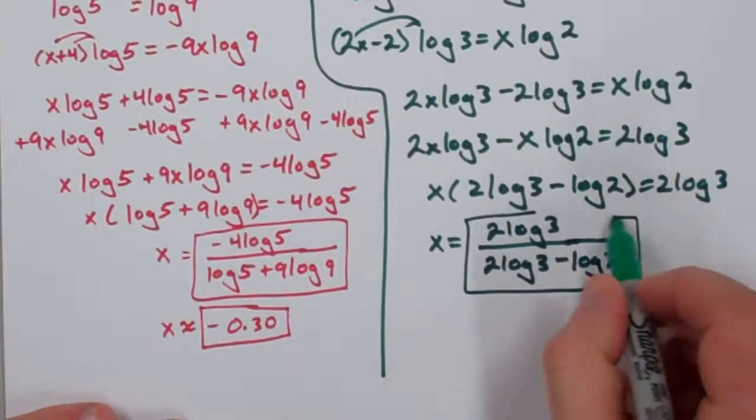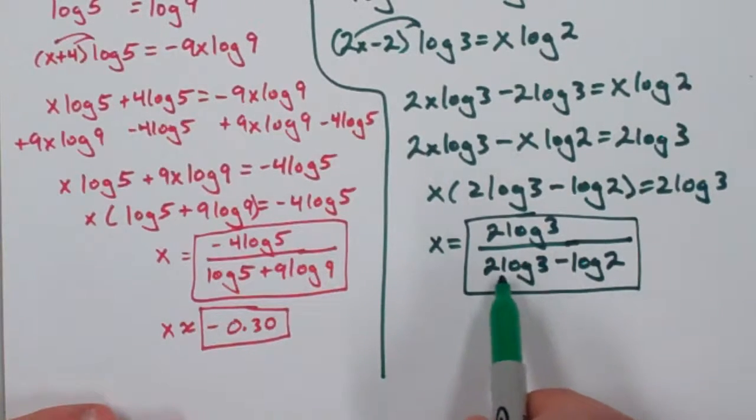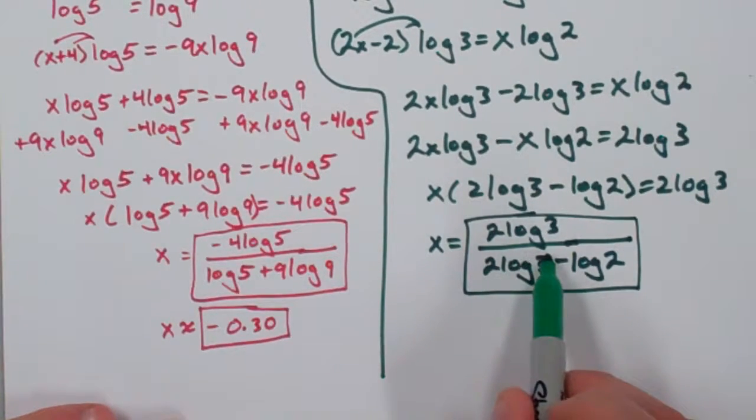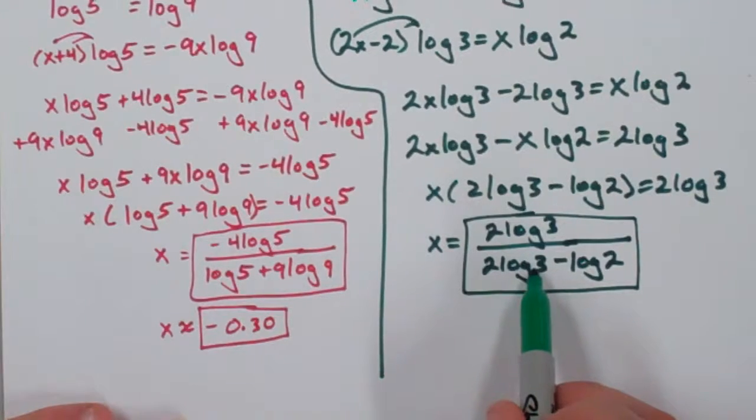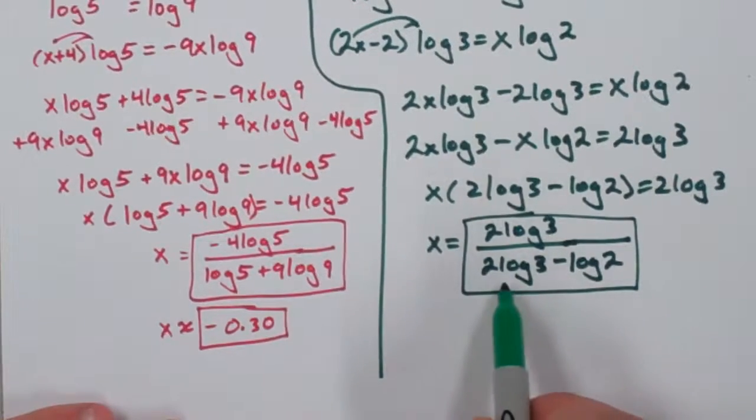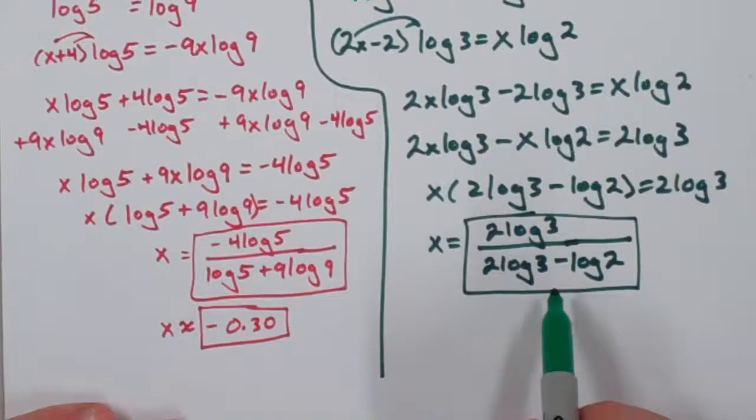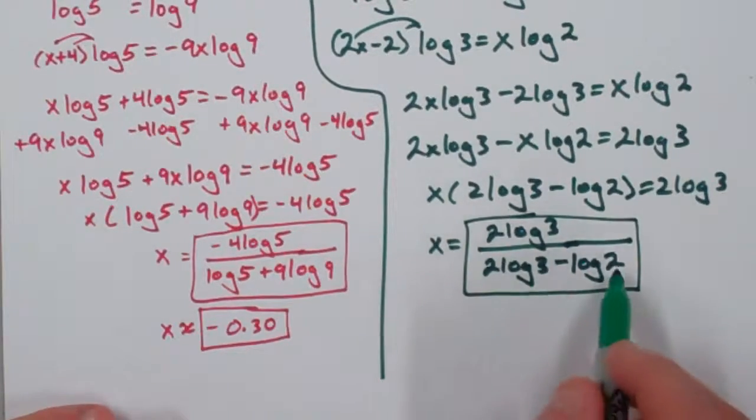Here's our exact answer. Again, we could play with this a little bit. We could take this 2 and raise the 3 to the second power here. That'd be 9. And then we're subtracting logs, so we could make this log of 9 divided by 2. However, this is fine.